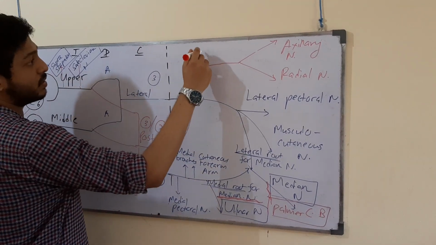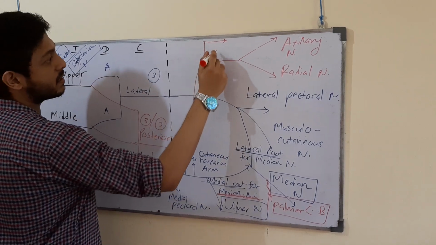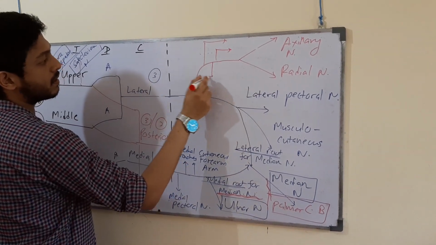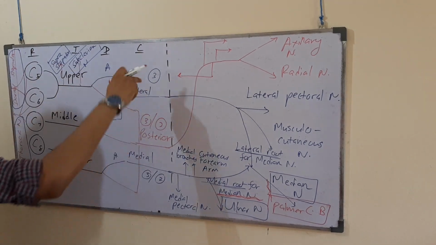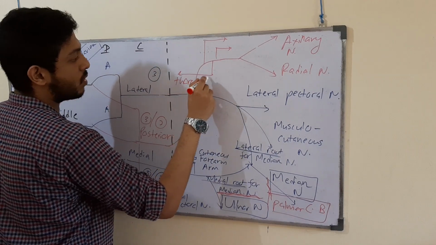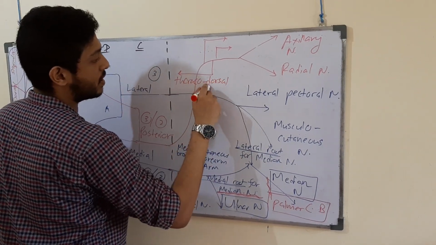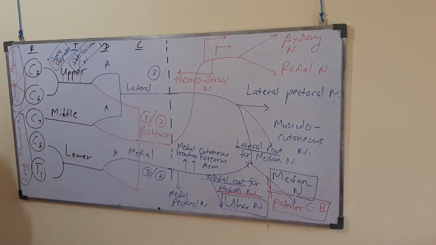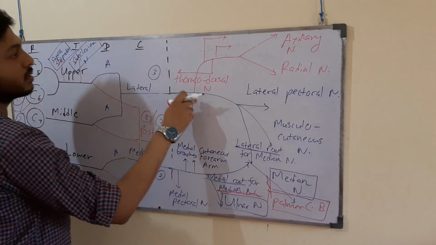And the other three branches, usually I can write it like this, right? So these three branches, the first branch is known as the thoracodorsal nerve, or in Latin we call it nervus thoracodorsalis, right? The thoracodorsal nerve.